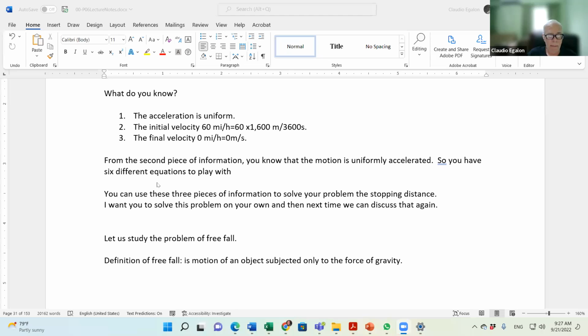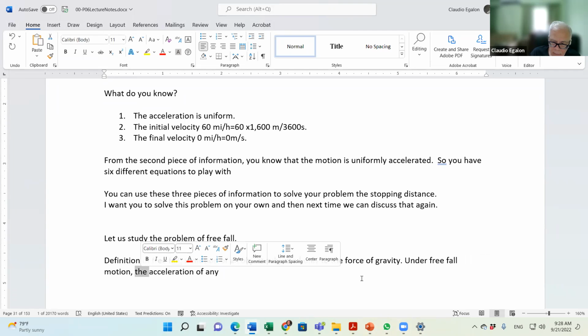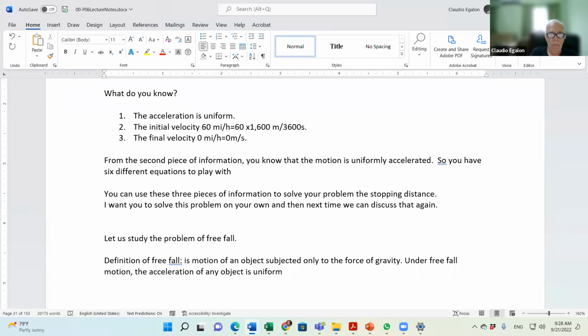So what do you have to know about free fall motion? You have to know the following. Under free fall motion, the acceleration of any object is uniform or constant.